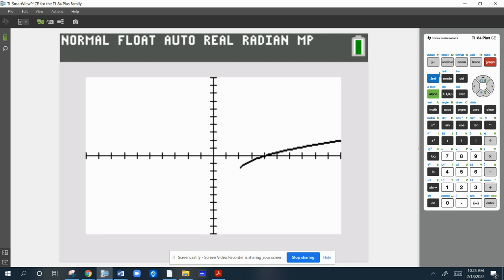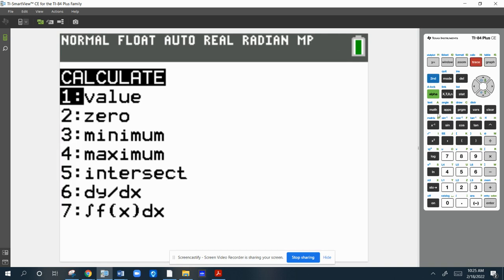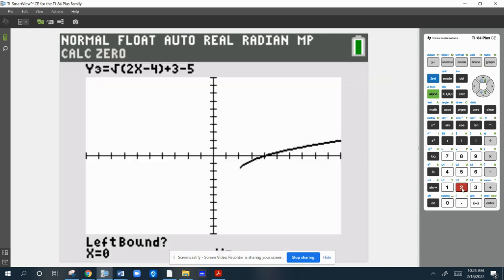But if it's not so obvious, you're going to have to do second calculate 0. So I'm going to remind you how to do that. Second calculate 0. Now you have to pick an x value to the left of this point, which is around 4, and then to the right of this point. So a left value could be, say, 2.